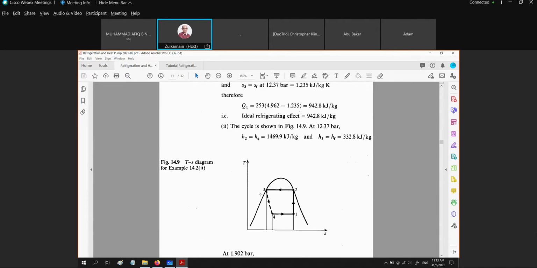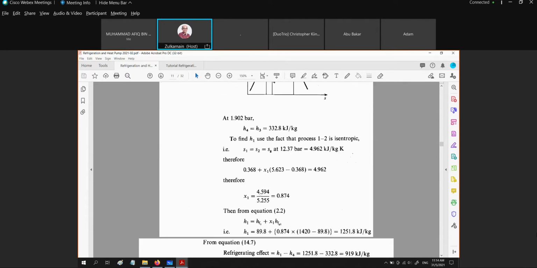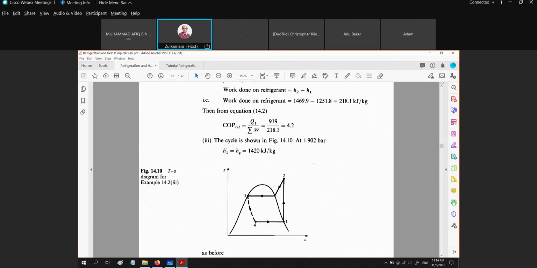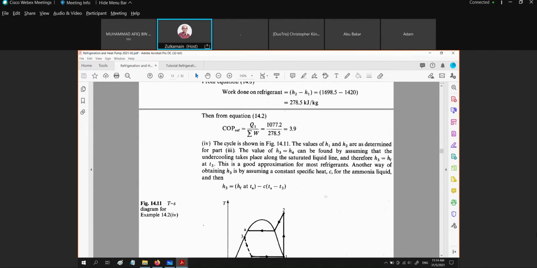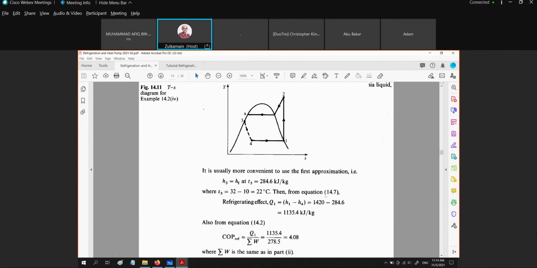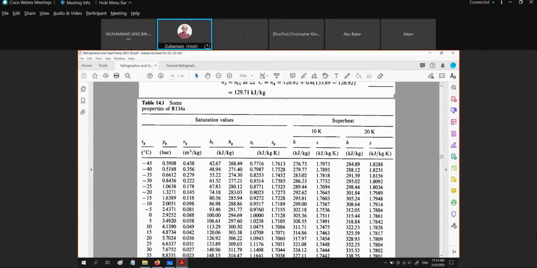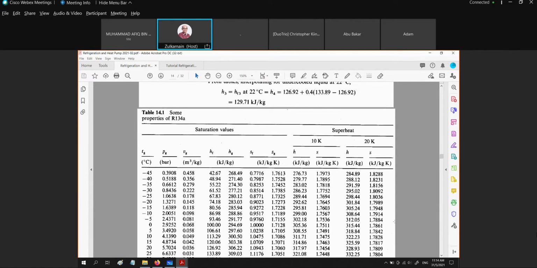For this example in the text, I hope you can all have a try, but please check the solution and check all the enthalpies given right here. Okay. So right now, just omit this presentation of the table in the text, because we are not going to use this kind of table.